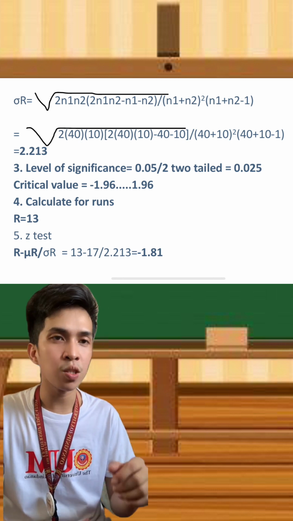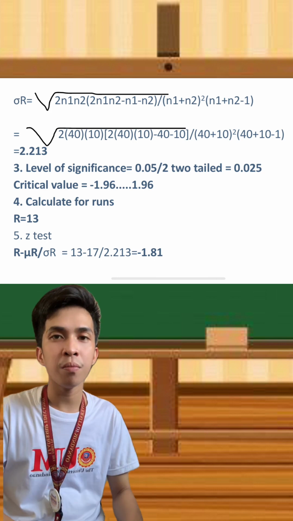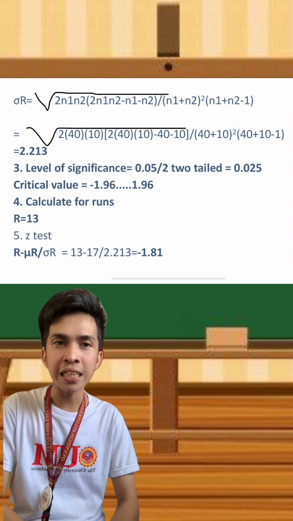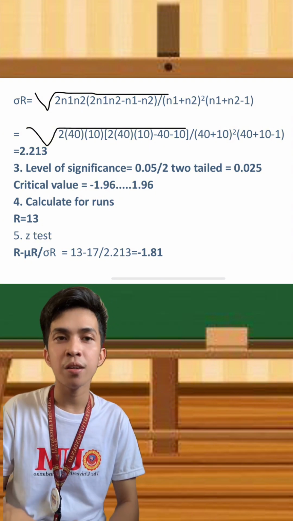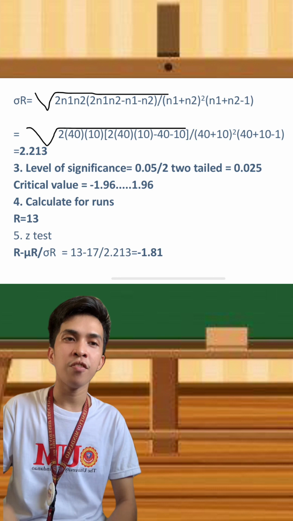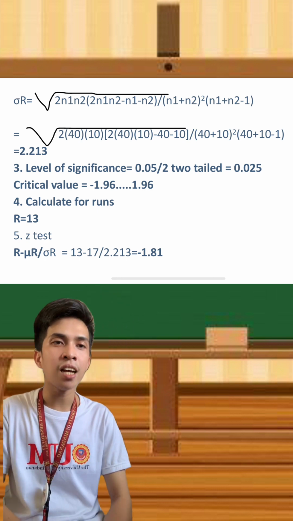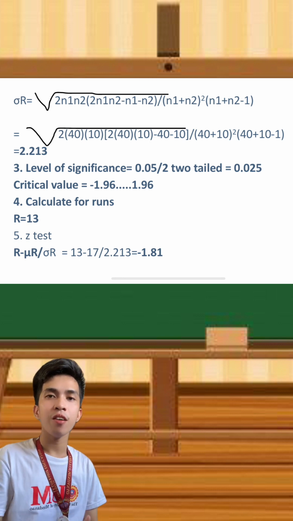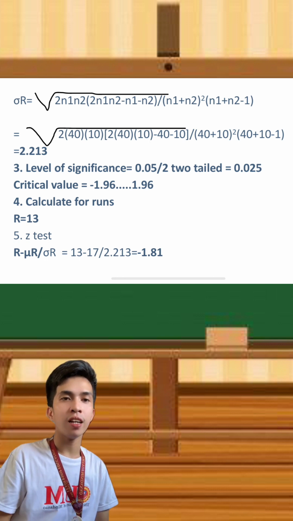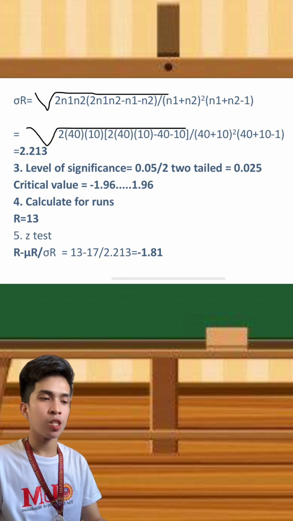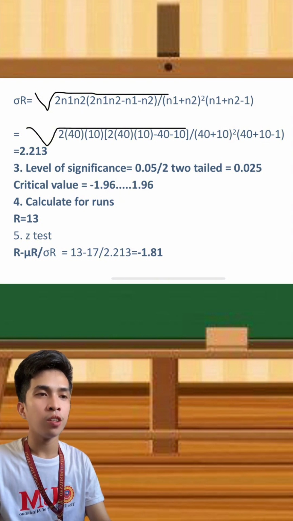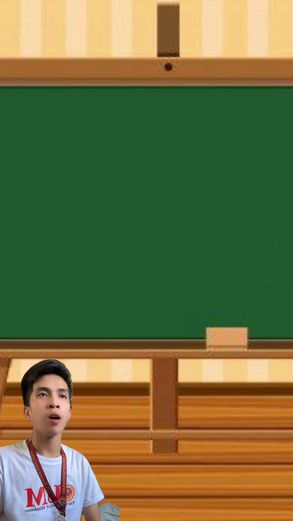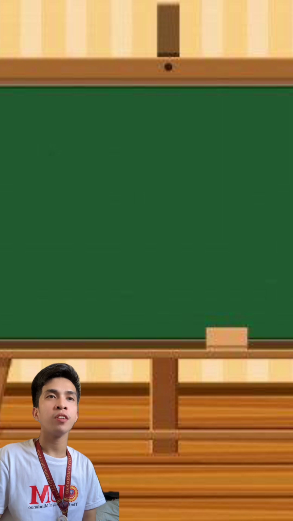So now we can compute our z-test. For the formula of the z-test, we have R minus the mean over the standard deviation. So we substitute the data, 13 minus 17 over 2.213. Now that we have computed our z-test with a value of negative 1.81, it's time to compare our calculated value with the critical value.